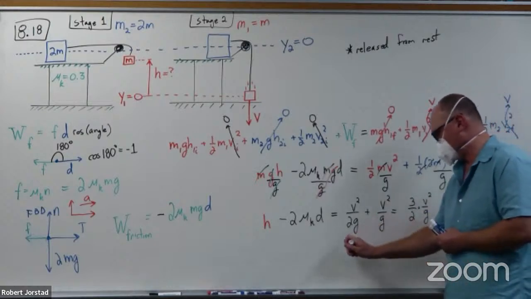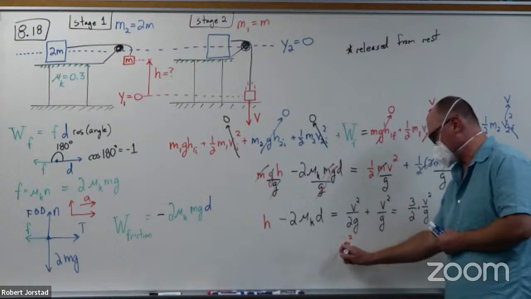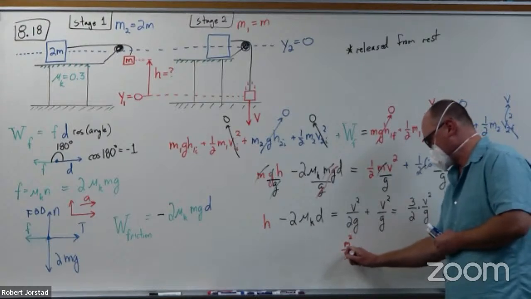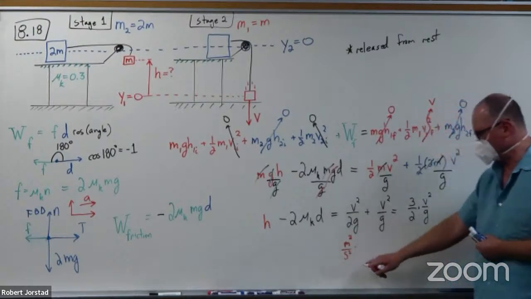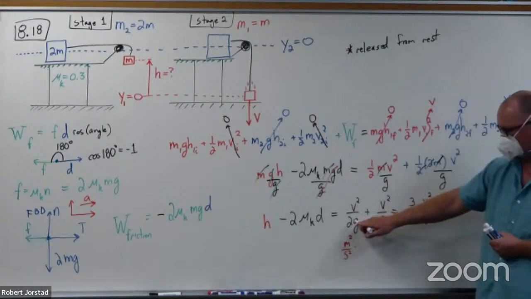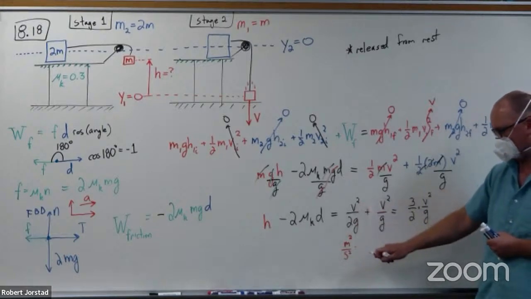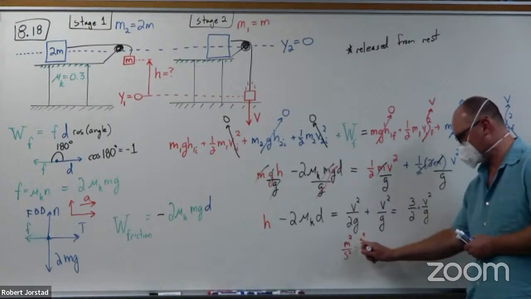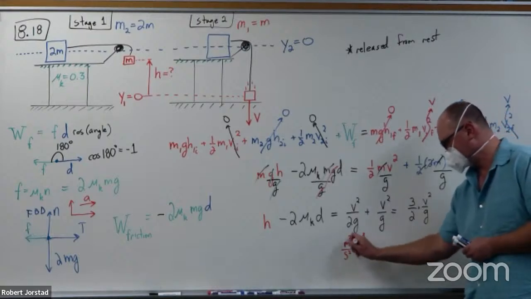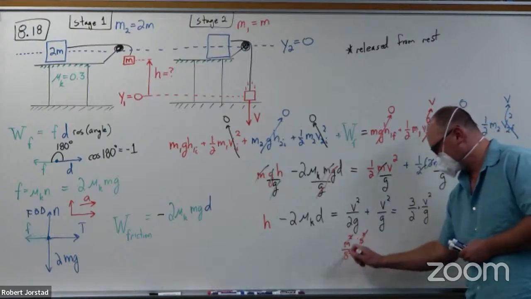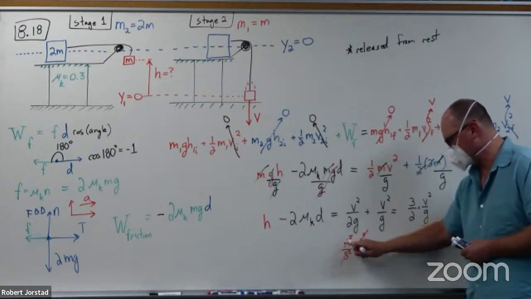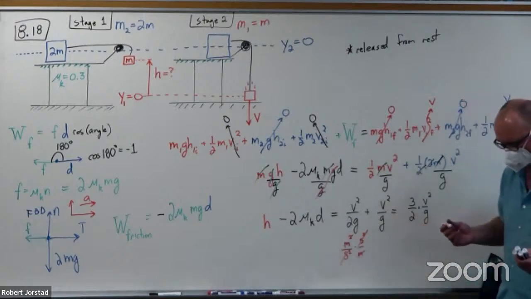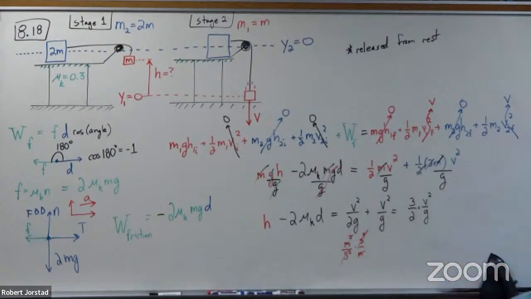I'm pretty sure it's right, but let's check it. Meters squared per second squared, and then I'm going to multiply by the reciprocal of those units. G has units of meters per second squared, so that's second squared over meters. Looks like we get meters, right? Okay, so I'm feeling pretty good. Now I finished my algebra. You know what I'm saying?